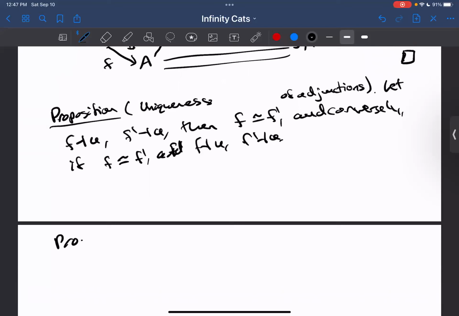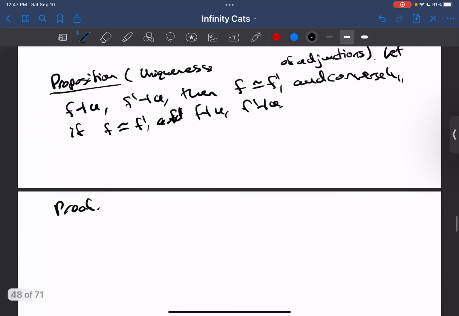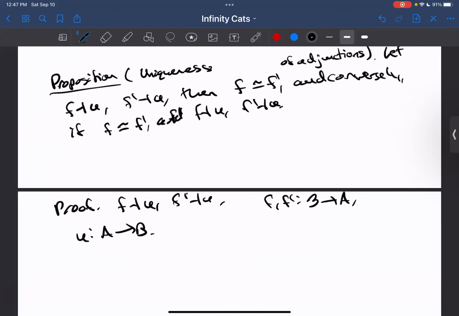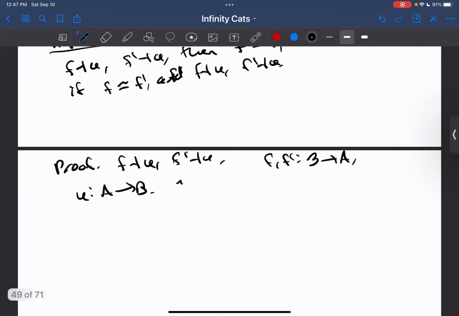All right, so for the first claim here, suppose we have F is left adjoint to U and F prime is left adjoint to U, where F, F prime are going to map B to A, and U is going to map A to B. And say that we have respective unit and co-unit, eta, epsilon for F left adjoint to U, and then epsilon prime, eta prime.